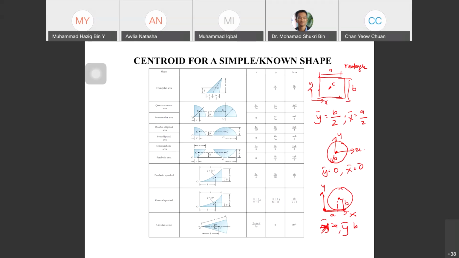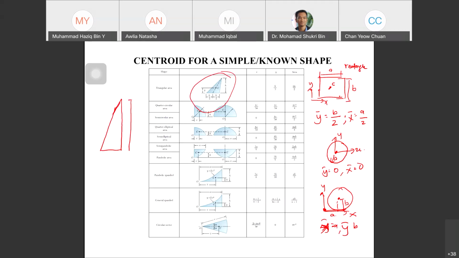Let's say we have a triangle. It can be tilted or not tilted. Let's say you have a triangle like this one. So the location of the centroid is not half.